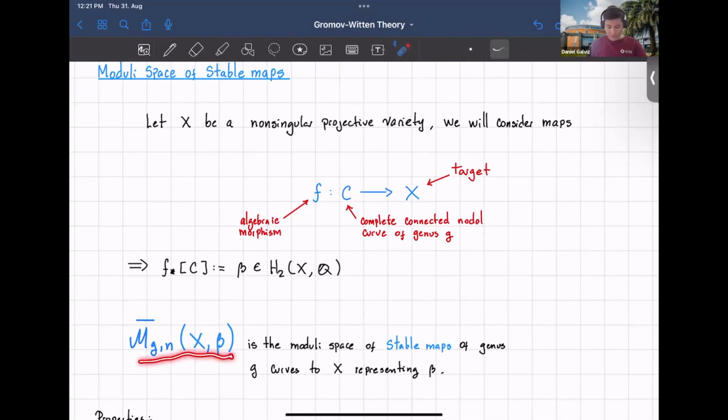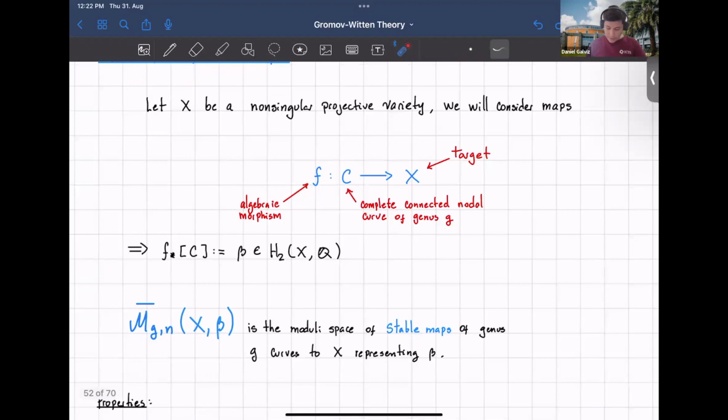This moduli space of stable maps now has four different pieces of information. It has the genus, the marked points, the ambient variety, and the fundamental class given by this. So it keeps the topological information of our ambient space X. In the case of string theory, we want this ambient space to be Calabi-Yau.